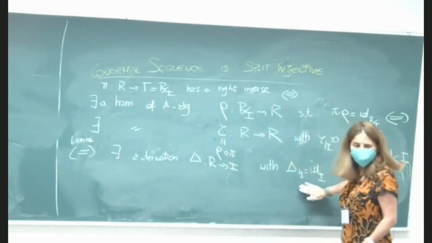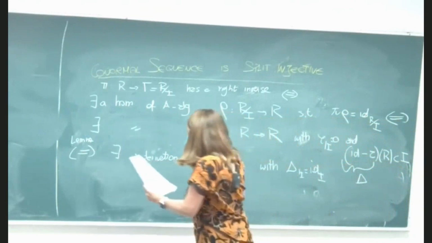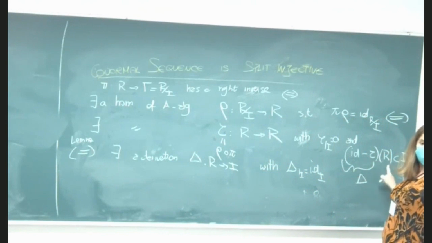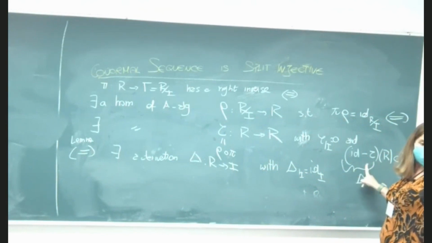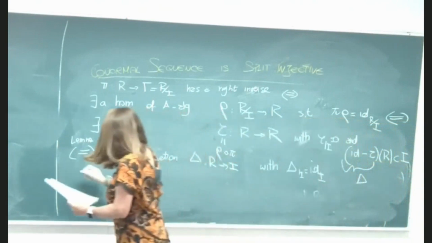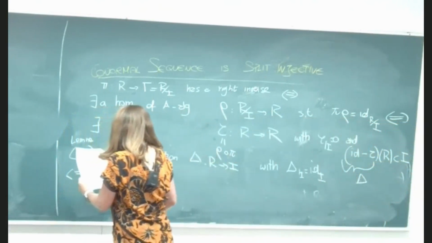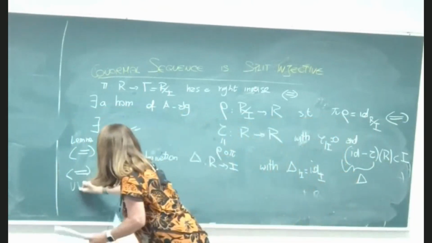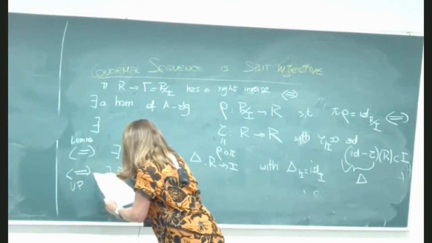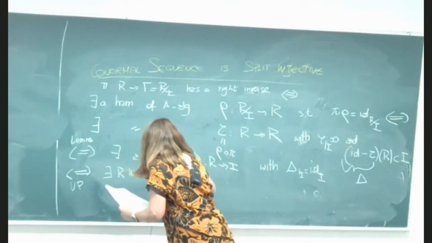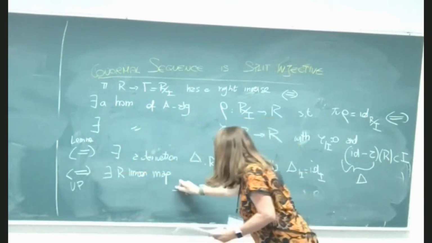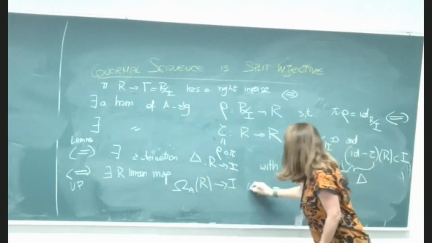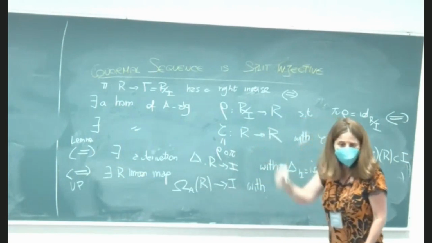So this gives me this, all right? And it's obvious that if you restrict this one to I, you get the identity, because tau of I is 0. So when you apply it on I, tau of I is 0, so you just get the identity map. Okay? And now this is equivalent to the fact that, because you have a derivation, now you use the universal property. So by the universal property, there exists an R-linear map that goes from omega to I, for which this derivation is obtained by the universal derivation.